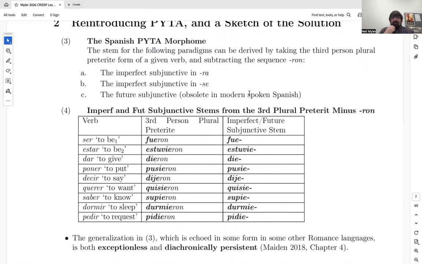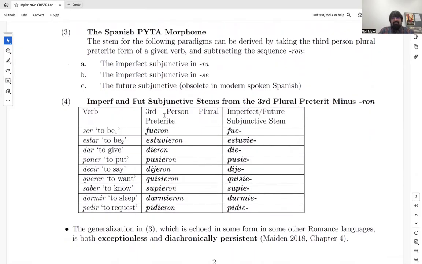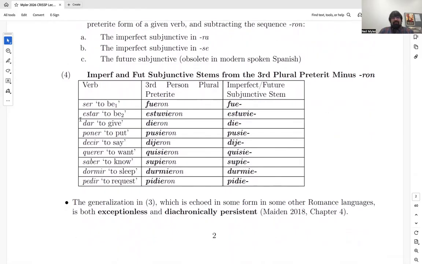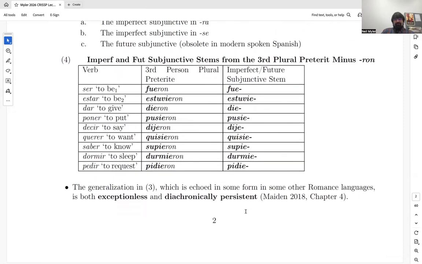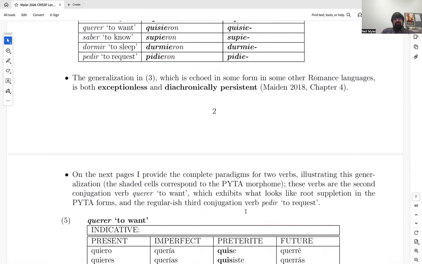And in my 4, I've repeated that rogues gallery of irregular verbs, illustrating that no matter how irregular a Spanish verb is otherwise, this procedure will unerringly and correctly find you the stem that you need for the imperfect and future subjunctives. And this generalization, which is echoed in some form in some other Romance languages, is both exceptionless and diachronically persistent, as we discussed.